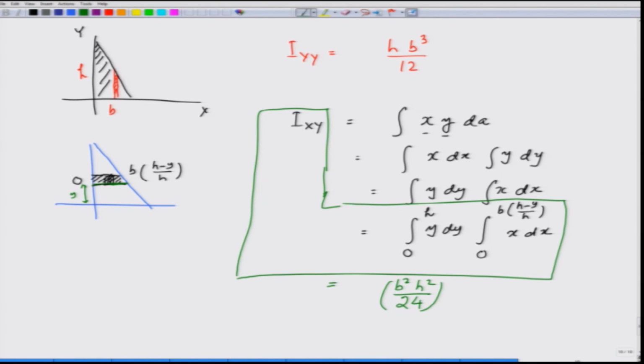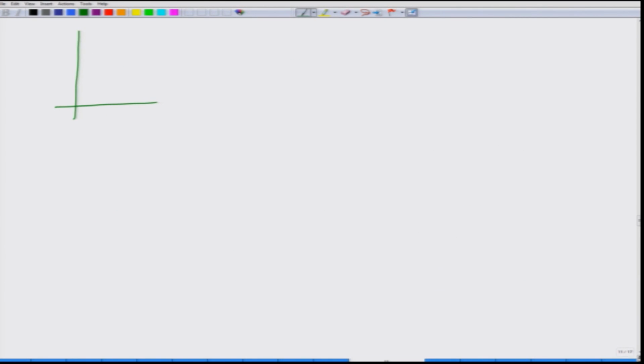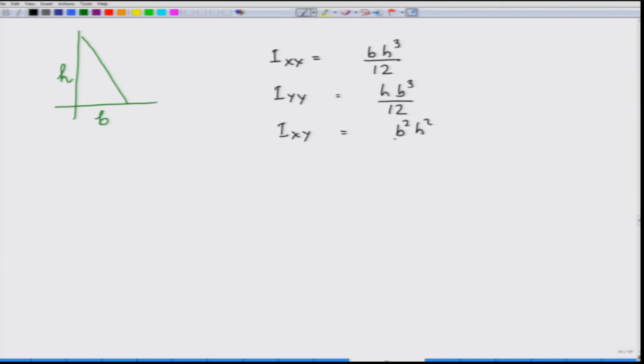So, for a right angle triangle, if its base is b and height is h, we have calculated that I_xx comes out to be b h cubed over 12, I_yy comes out to be h b cubed over 12, and I_xy comes out to be b squared h squared over 24. So, obviously, x and y axes in this case are not the principal axes.